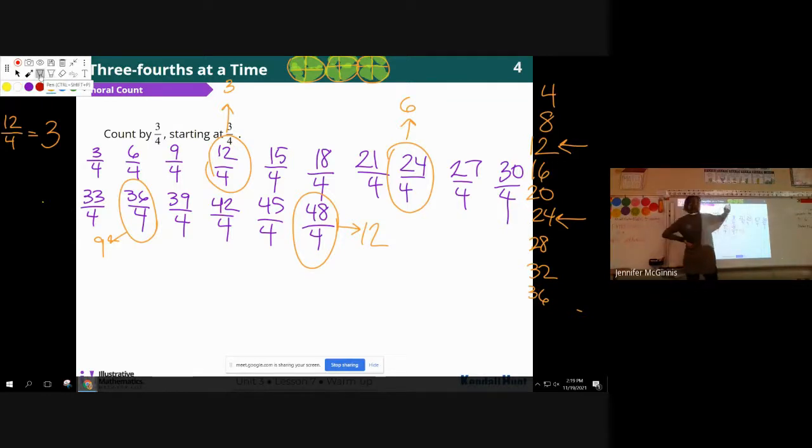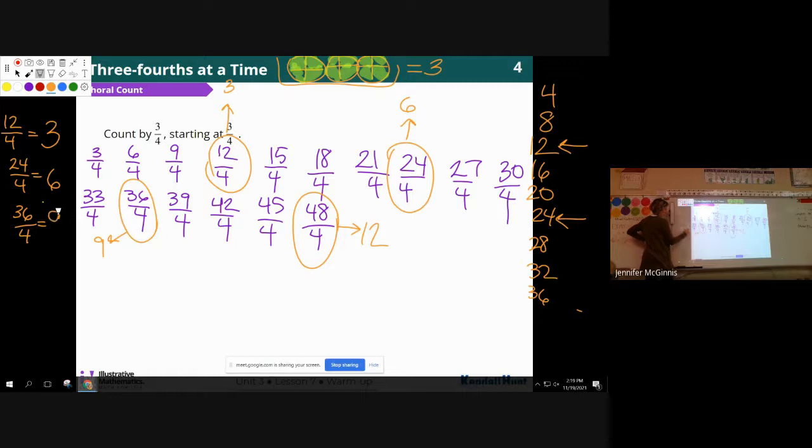That's 12/4, which is 3 whole circles. We cut the circles into fourths. We have 12 of them. That's 3 whole things. So 12/4 equals 3. 24/4 equals 6. 36/4 equals 9. And 48/4 equals 12.